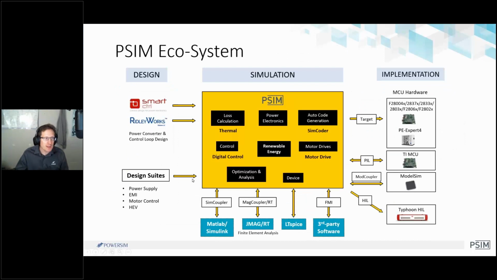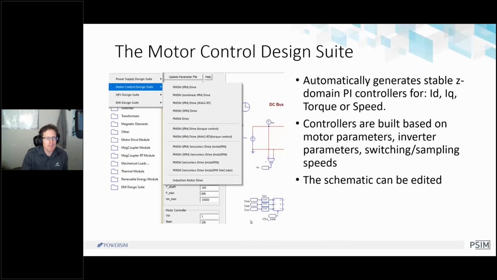This is everything that PSIM can do. Today we're looking at the motor drive aspect, digital control, our motor control design suite, and our link with JMAG. We're going to use the motor control design suite to take that JMAG RT model and close the loops around it.